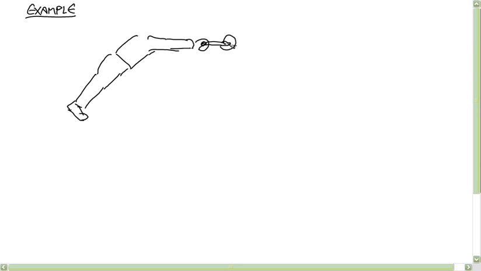Okay, so say that you have an 80 kilogram person. I'm going to give you a very strong suggestion of how to treat this part.